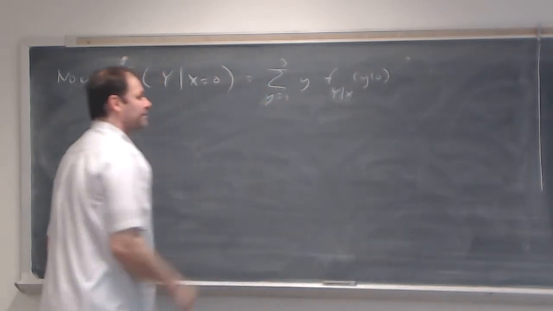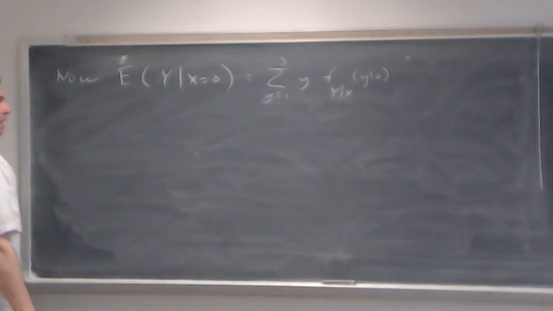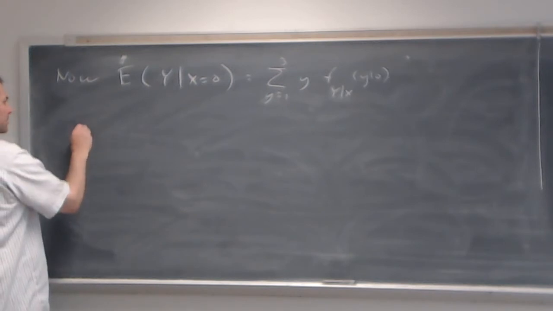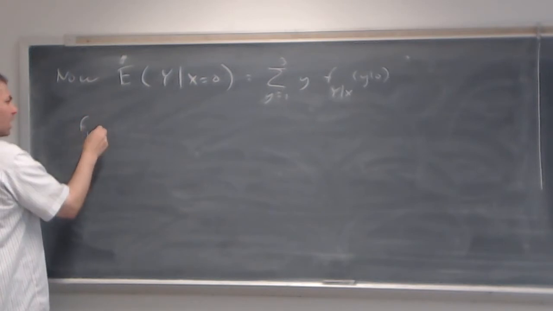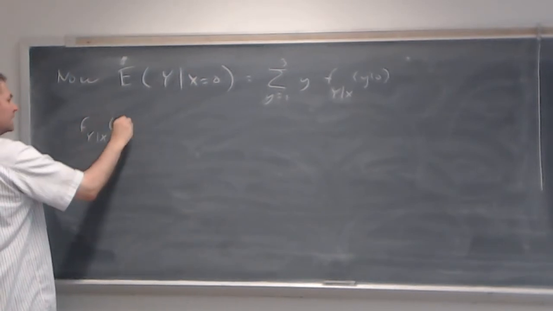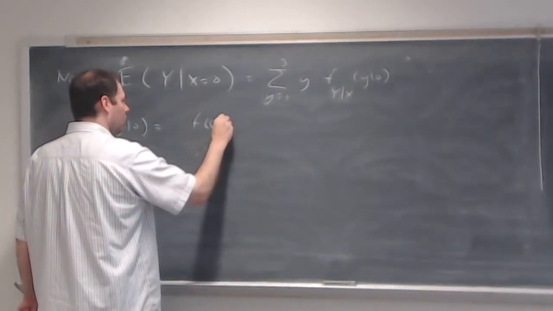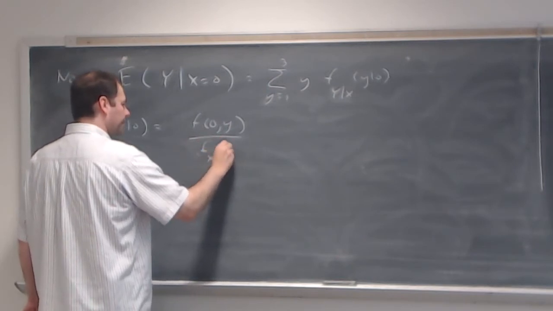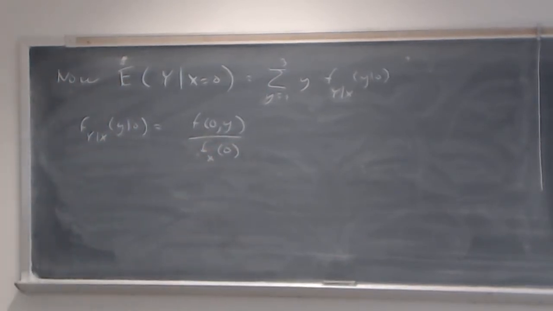And so I've got to find this conditional PMF. So here, f sub y given x of y given 0. Remember what that is. That's f of 0, y, and then here it would be f sub x of 0. That's its definition. Note that.